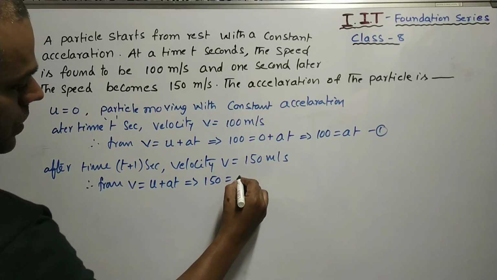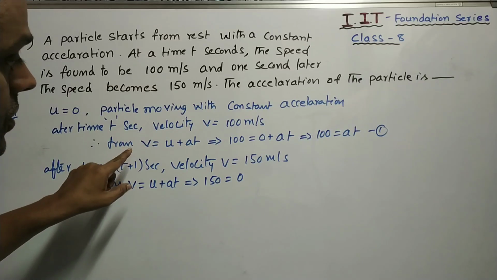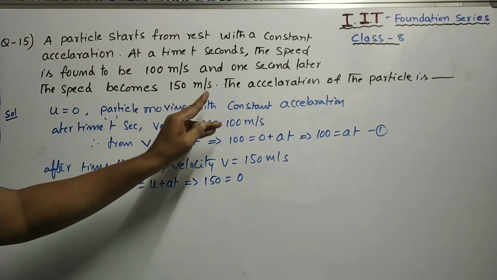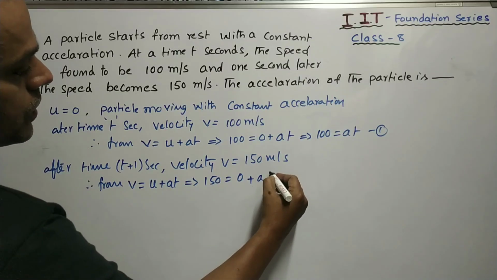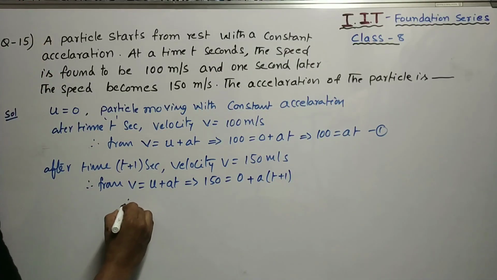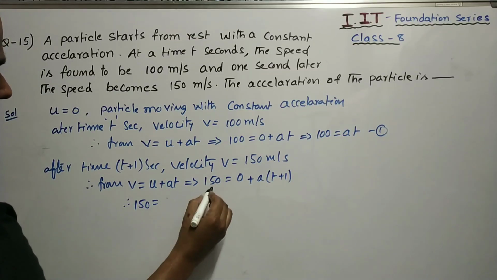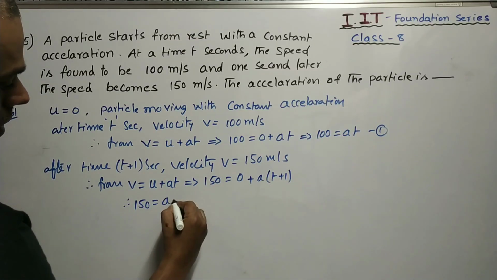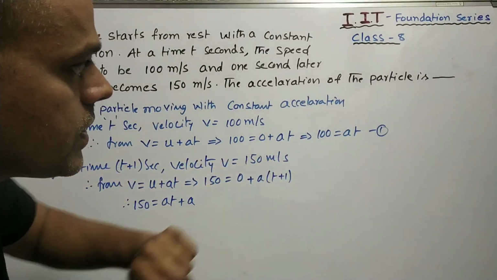So 150 is equal to u, which is 0 because our consideration is with respect to the starting point, plus a into t, where time is t plus 1. Expanding this, 150 is equal to 0 plus a into t plus a. But a into t is equal to 100.